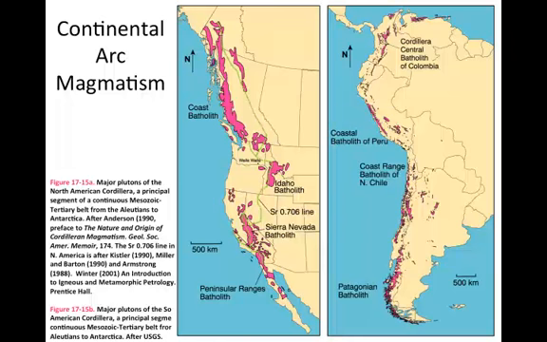Those are simply the lower parts of the arc that crystallize beneath the surface of the earth. And we also have volcanics associated with these arcs. So these are locations along the western coast of Chile and along the western coast of North America where we've had oceanic crust subducting beneath the continents to generate those melts.